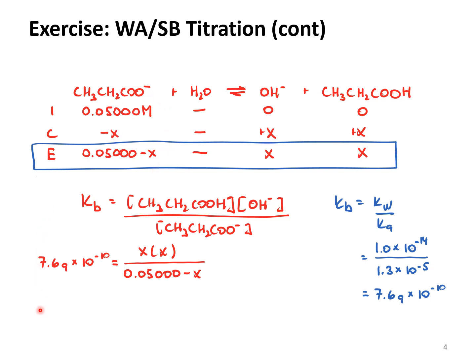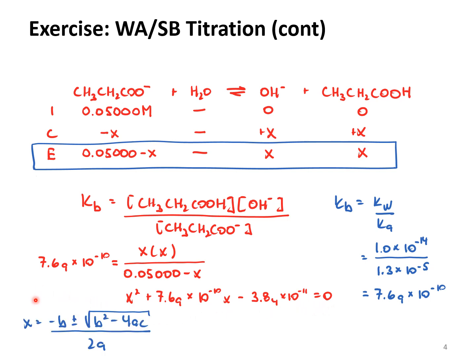Next, we can rearrange this equation to solve in terms of X, which gives us a quadratic equation, which is X squared plus 7.69 times 10 to the minus 10 X minus 3.84 times 10 to the minus 11 equals 0. As you may recall, this is a quadratic equation, and the easiest way to solve this is using the quadratic formula.